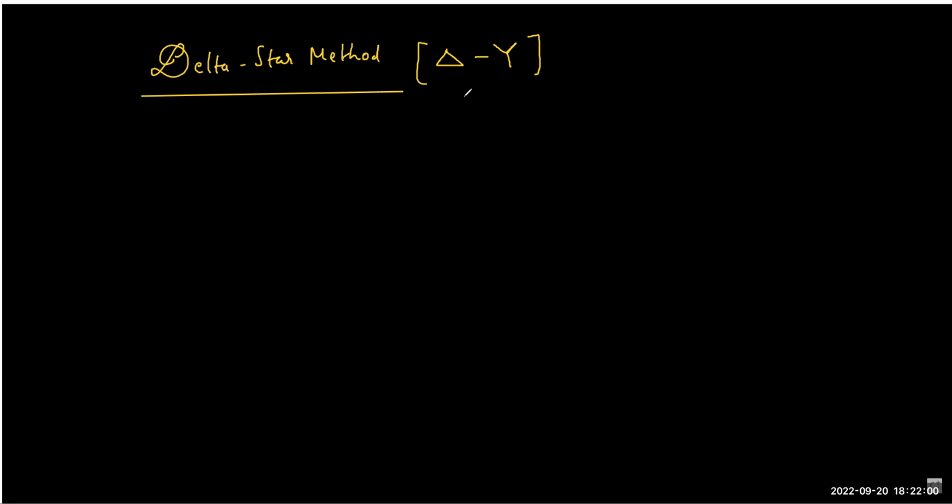Now this method is the ultimate last resort if you come across a circuit and you're not able to figure out how to solve it. Then this is the only way to go ahead. If there is no simplicity, then this becomes really useful and it helps in solving the question.